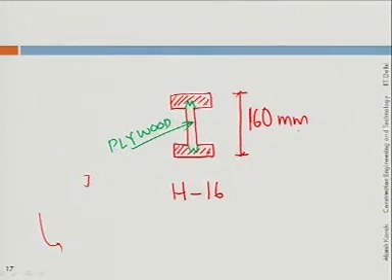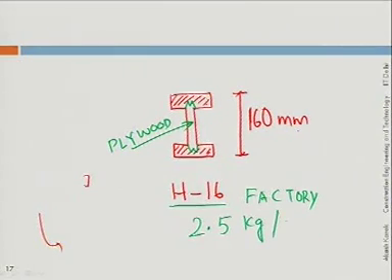Now this H16 beam is made up in a factory. Its weight is very light, roughly about 2.5 kg per running meter.